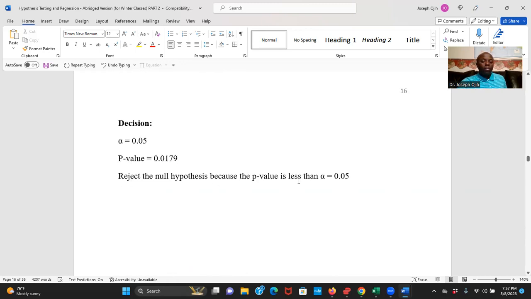Since the p-value is less than alpha, we reject the null hypothesis. Then we can now make our conclusion.